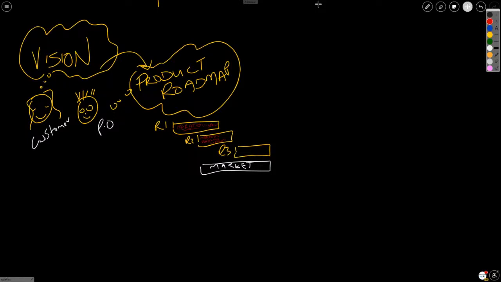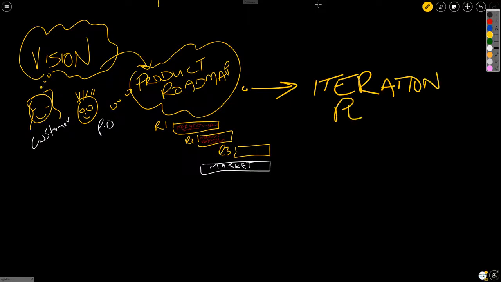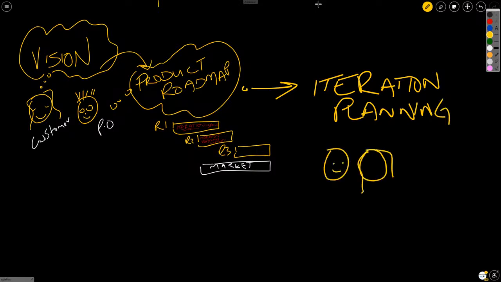So going back out to the big picture, you've got the vision, you've got the product roadmap, but at the lower levels that I showed you in red, other things happen. So your roadmap is going to help you with your iteration planning. Some people will call that sprint planning. And remember, this iteration planning is done by the team members, right? They're going to work with the product owner. And when we say Scrum team, you've got to remember that the Scrum team is everyone.